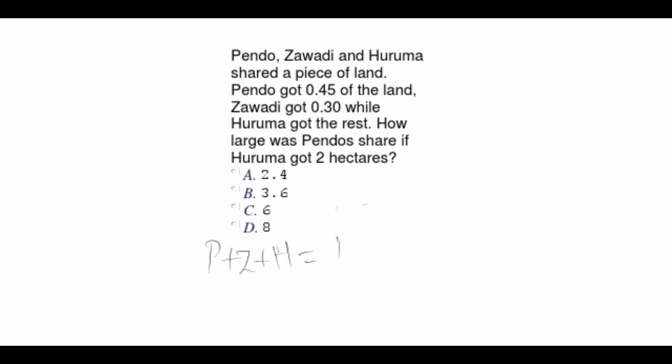So 0.45 plus 0.30 plus Huruma's share should give us 1. So we have 0.45 plus 0.30. 5, 4 plus 3 is 7. So we have 0.75 plus Huruma's share should give us 1.